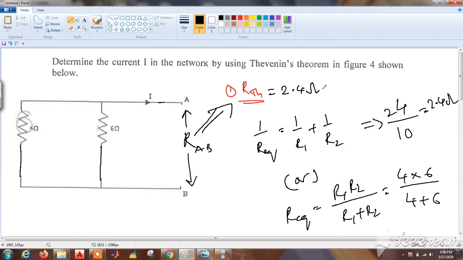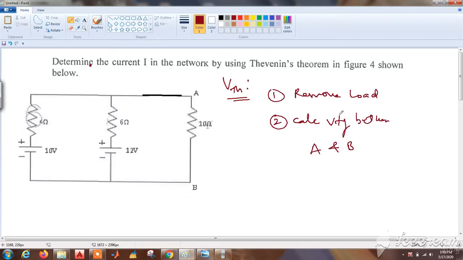Now let's find VTH. For VTH also, the first step is that we have to remove the load, that is, open circuit our load. The second point is that we have to calculate the voltage between these points, that is VAB, and this will be our VTH, that is Thevenin's equivalent voltage.